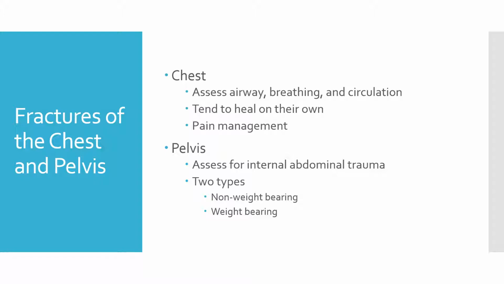There are two types of pelvis fractures. You have non-weight bearing and weight bearing. And before I go into those, I'm going to go back for a minute. So pelvis fractures, usually pelvis fractures happen from trauma. It is the second most cause of death from trauma.